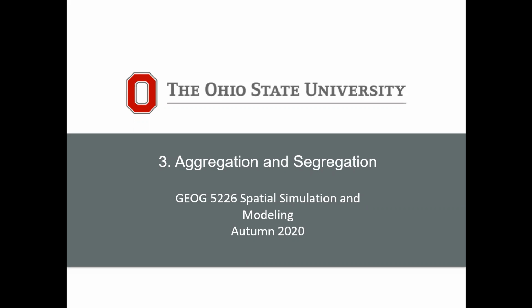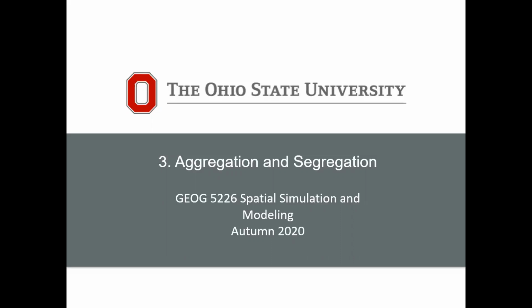And in this course, we will discuss several types of building blocks. The first type is aggregation and segregation. I will introduce how to use simulation models to simulate the process of aggregation and segregation.